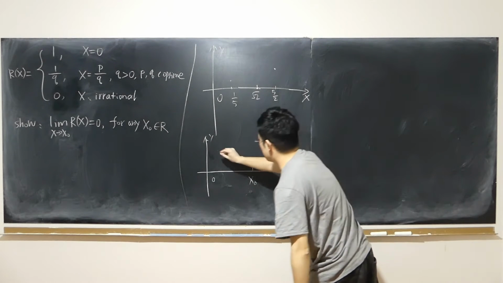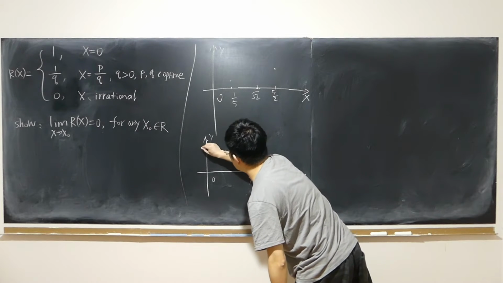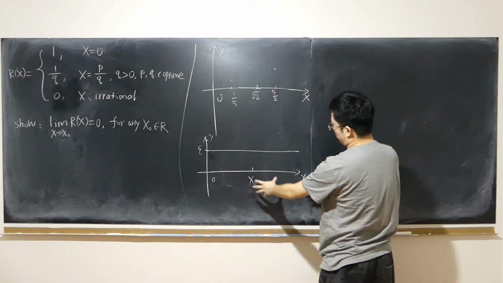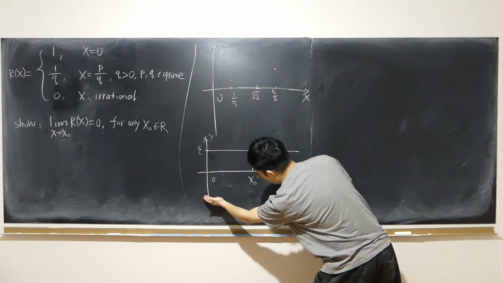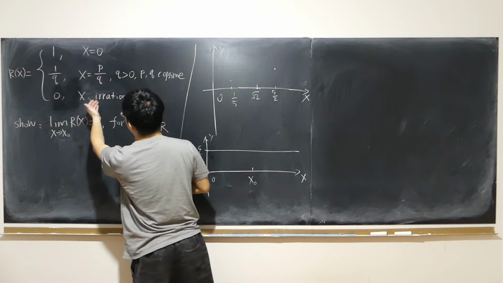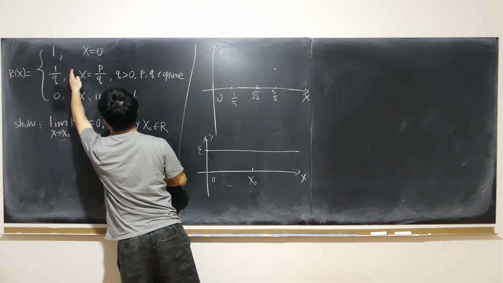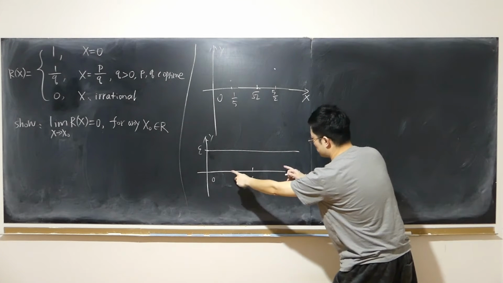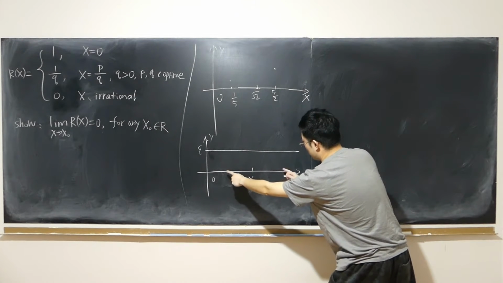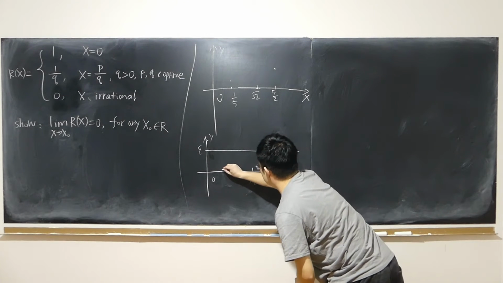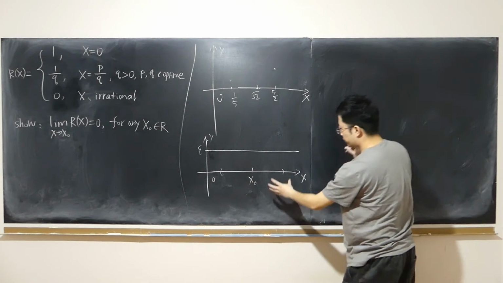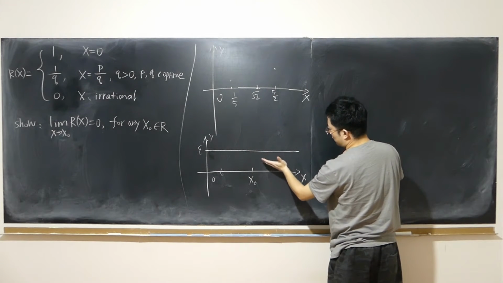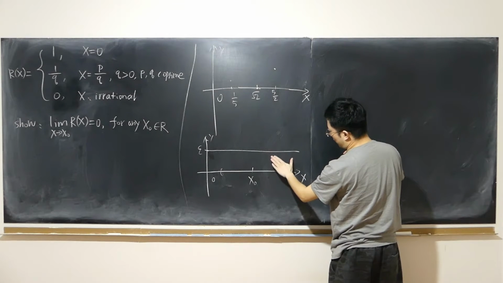We want to show that given any epsilon greater than 0, and I don't need negative epsilon because the functional value is always non-negative, can we find a small enough deleted neighborhood of x0 so that the functional value can be below this line?